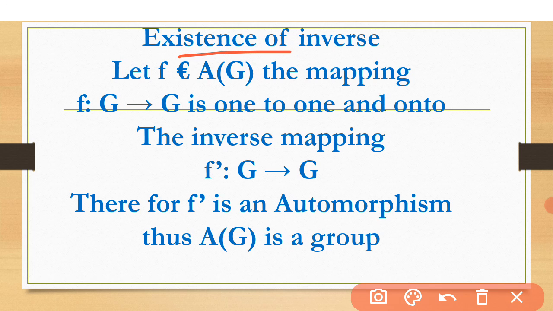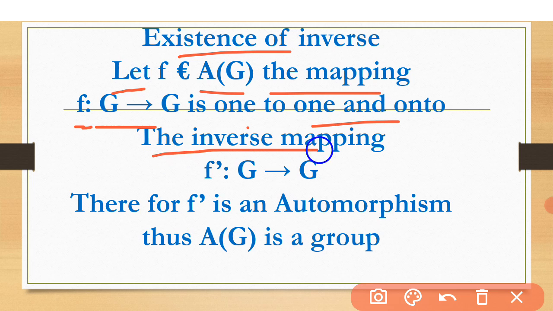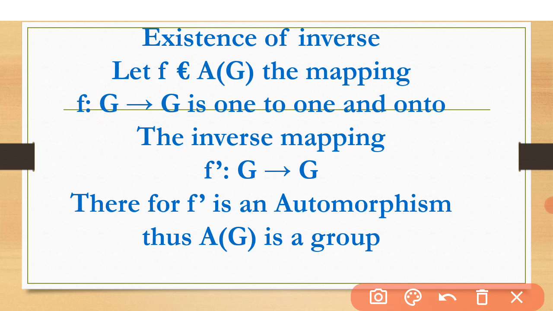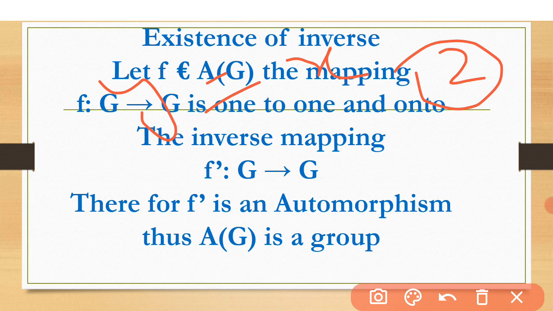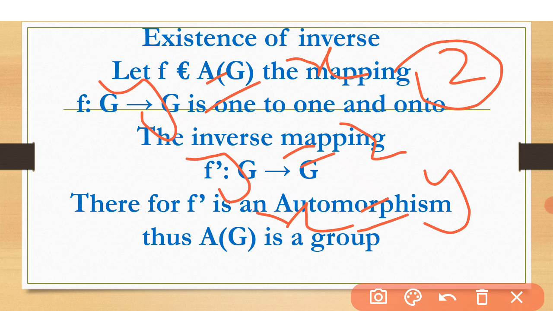Now we have the last property, that is inverse. The existence of inverse. Let f belong to all automorphisms. The function f from G to G is one-to-one and onto, so the inverse mapping exists. If we give the value 2 to x, then y is equal to 2. Similarly, if we put a function y equal to f(x), and we give the value 2 to y, then it is also 2.